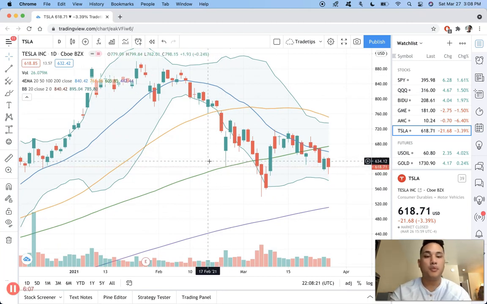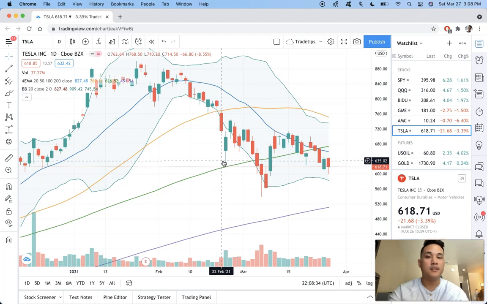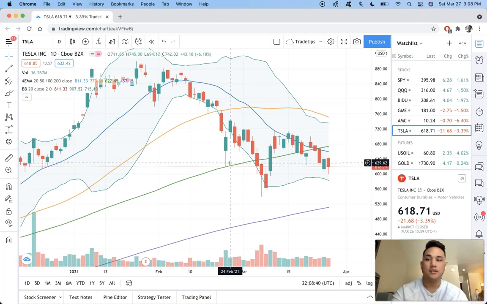And in general, the more signals that you get that coincide with each other, for example, if you have a 100-day moving average buy plus you're seeing an overextended Bollinger Band move, the more signals that you have in your favor, that's how you can define a good high probability trade for you.